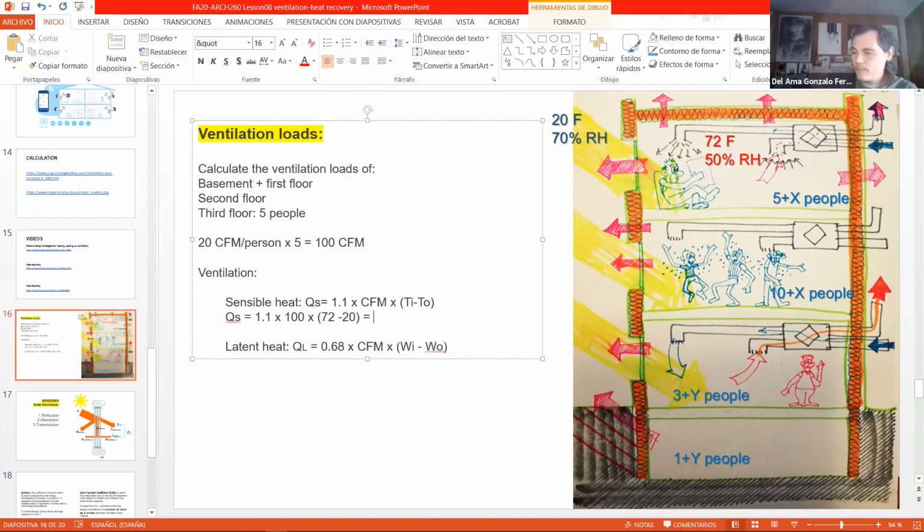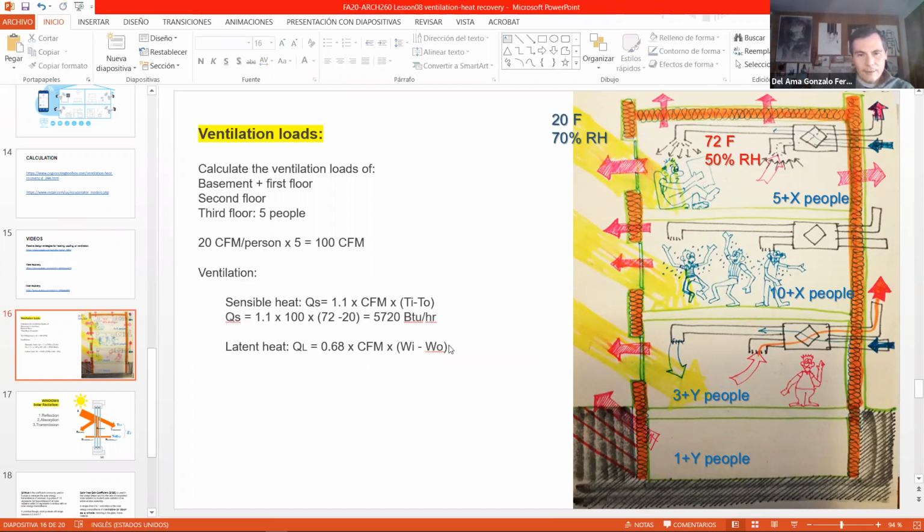That equals 1.1 times 100 times 52. So this is 5,720 units. These are heating loads. So heating loads are BTU divided by hours. Okay, so this is the sensible heat load.